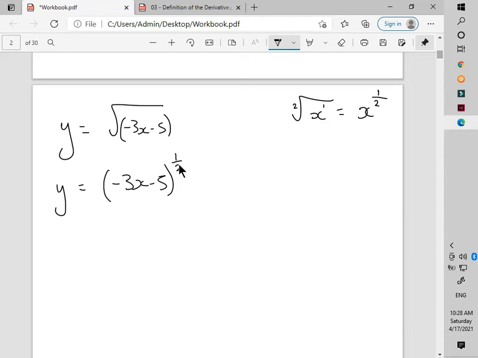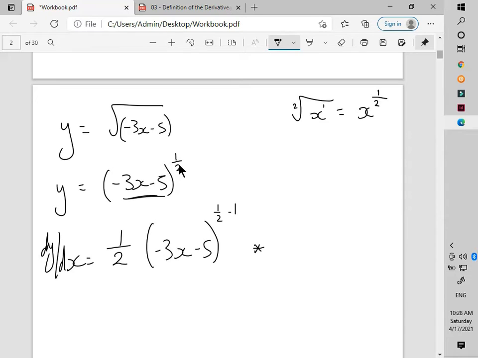Now, stepwise, dy upon dx is equal to a half of minus 3x minus 5 raised to the half take 1, which is being multiplied now by the derivative of what is inside here. The derivative of minus 3x minus 5 is just minus 3. Good.